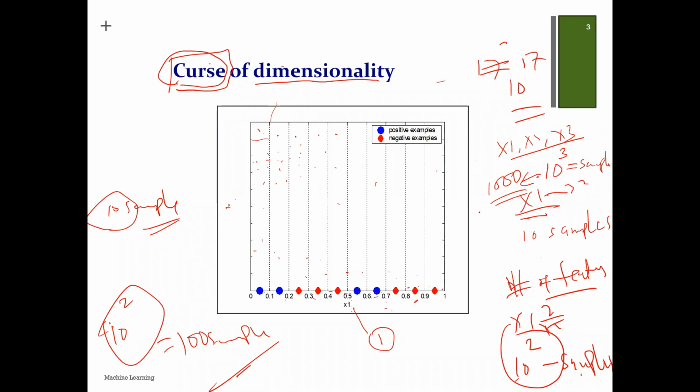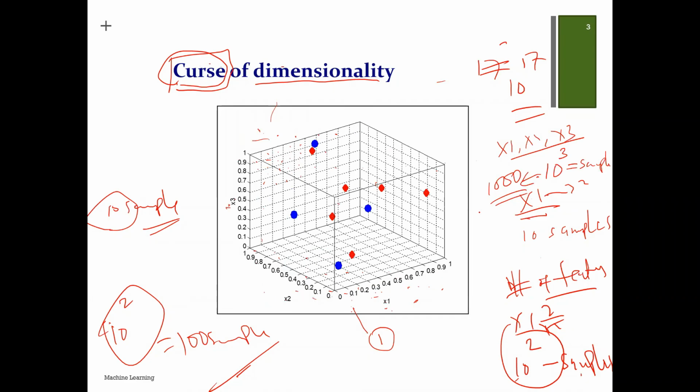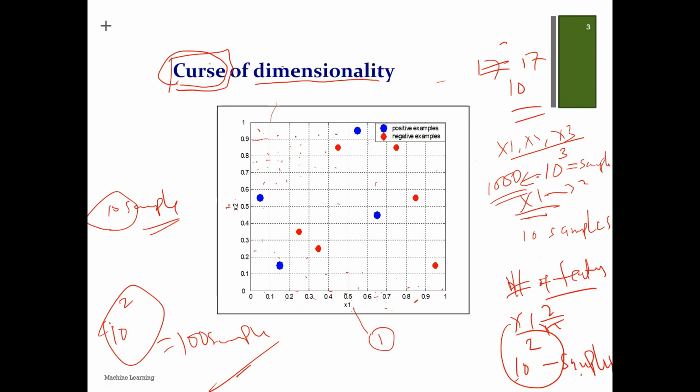So when you need 1,000 and you can only get 350 from your client, what do you do? This is the big challenge often faced in machine learning modeling, and that is what we refer to as the curse of dimensionality.